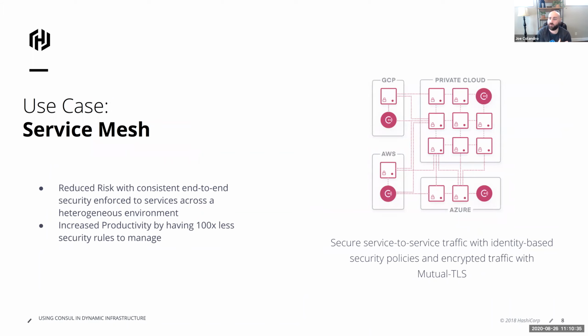And what's grown from that for Consul, as microservices have become the ubiquitous application development archetype, and as a result Kubernetes has really grown to be the de facto runtime and orchestrator for these kinds of architectures, is the need for a service mesh.